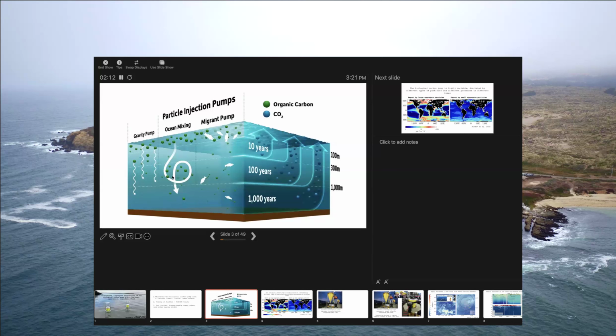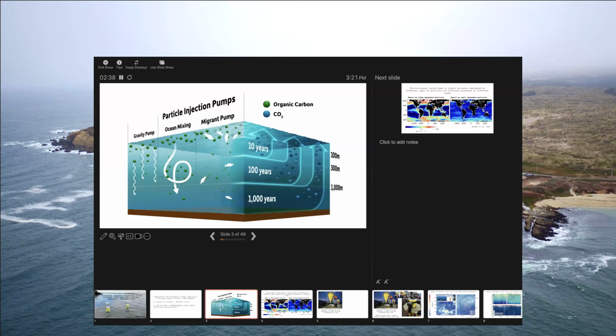There are also ocean mixing processes that can act to move carbon downwards, and the migratory pump, the diel migration of zooplankton and other animals that can act to move carbon vertically. And we care not only about the flux of carbon, so how much carbon is making it into the interior ocean, but also the efficiency of that export.